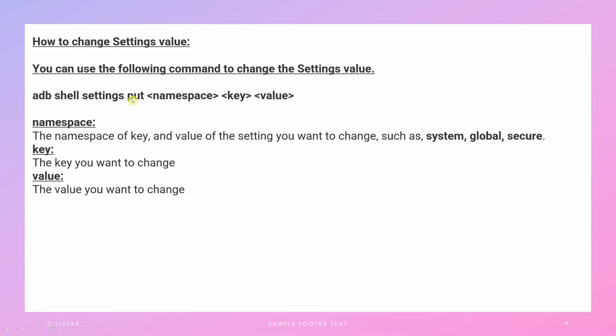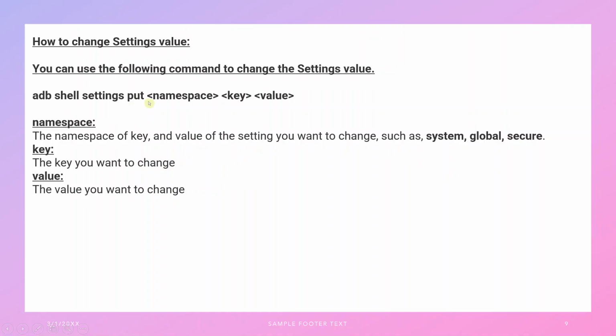What exactly is put here? When you want to change the value of a setting, we use the keyword put. Suppose you want to check the setting value, we use the keyword get.